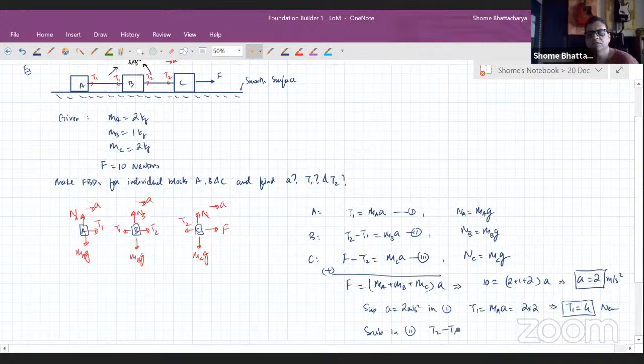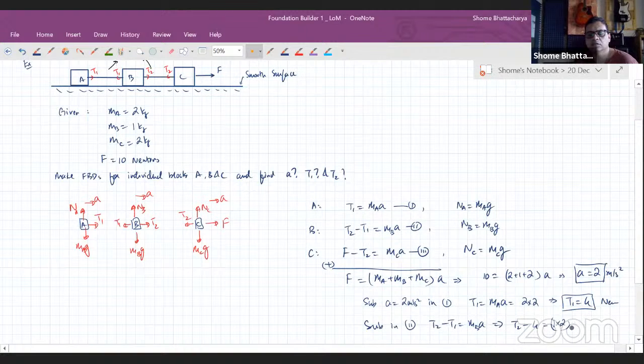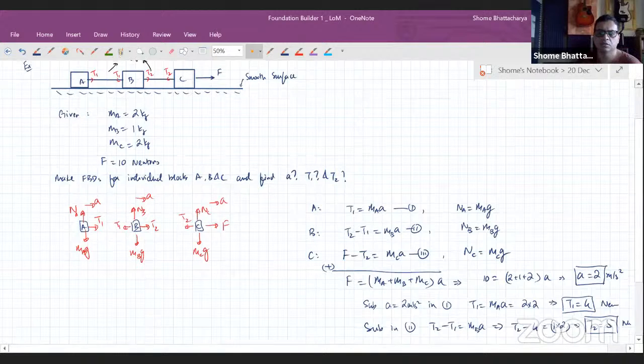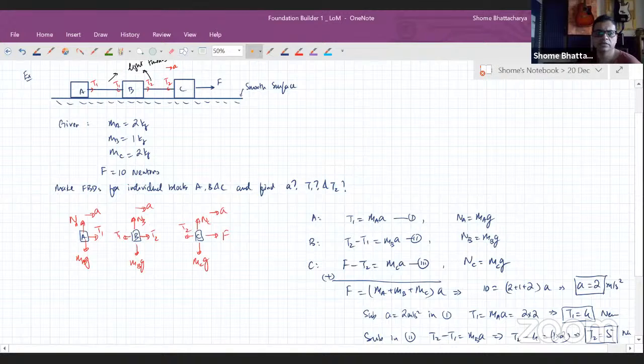So you have T2 minus T1, which we just saw is 4 newtons, is equal to the mass of B, which is 1 kg, multiplied by the acceleration. So finally, you can see that T2's magnitude comes out to be 5 newtons. So you got the three unknown quantities, tensions T1, T2 and acceleration a. And of course, the normal reactions are balancing the weights. That is not something which has been asked in the question, but they are also there within the system.